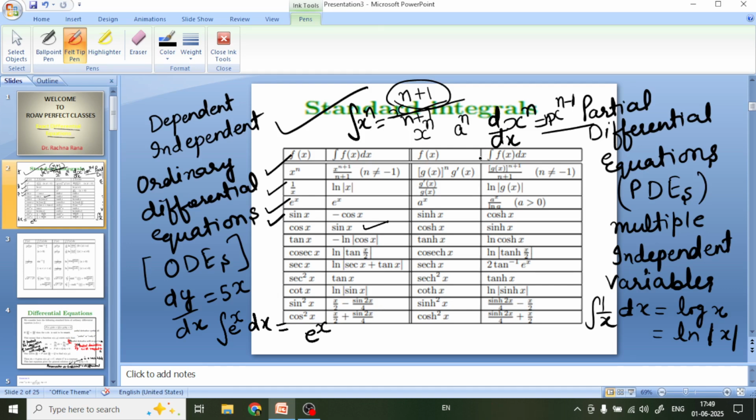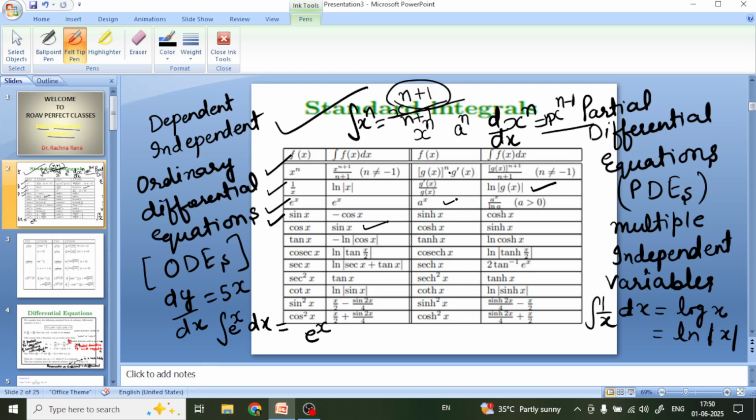Now next, the integration of gx raised to power n into g dash x is gx power n plus 1 over n plus 1. Integration of g dash x over gx is log gx.